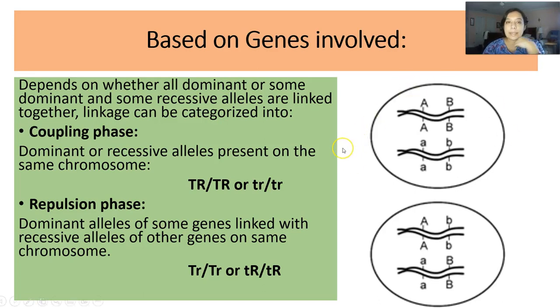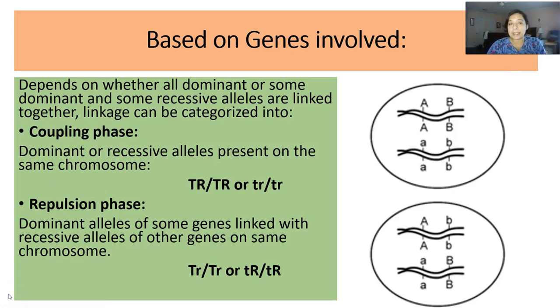Looking at the second scenario, which is looking at the genes involved, this depends on whether you have all dominant or all recessive alleles linked together. There are two different things that we look at here: a coupling phase and a repulsion phase.